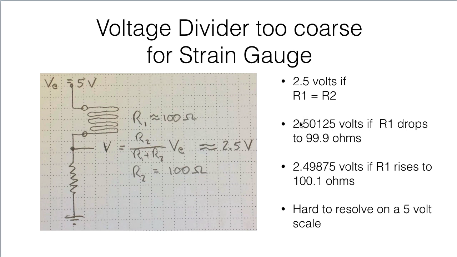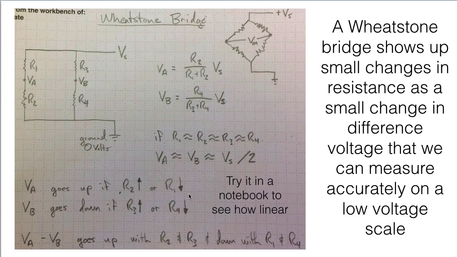So we'll get rid of the 2.5 volts there and the 2.5 volts there, and we'll just be left with 1.25 millivolts and negative 1.25 millivolts there. So we'd wind up with something that we can measure on a millivolt scale fairly accurately, and even more accurately if we amplify that result.